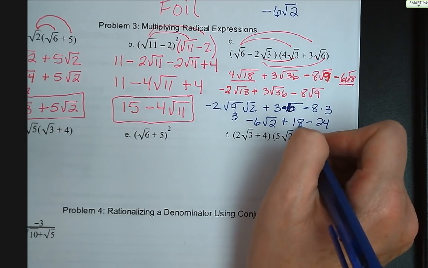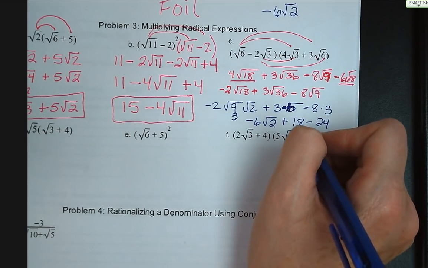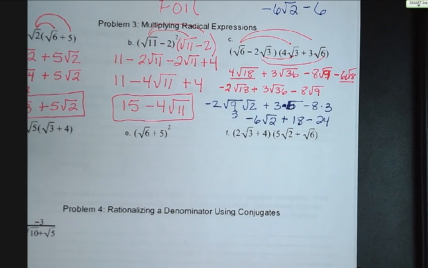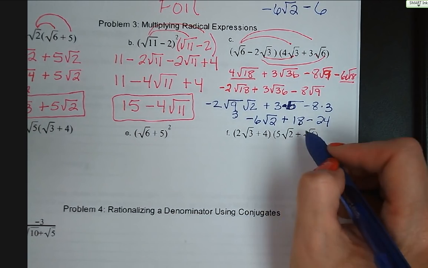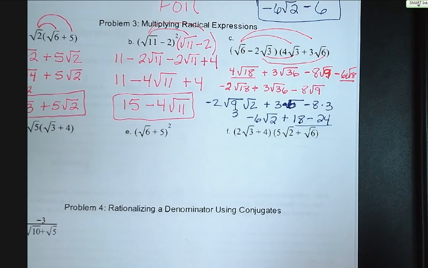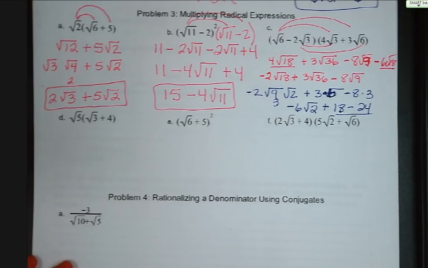Did I make a mistake with negatives? Yeah, I think I made a mistake with the negative sign. So, negative 6 root 2 minus 6. That's your final answer.